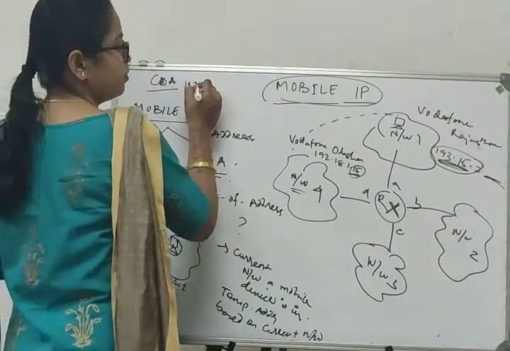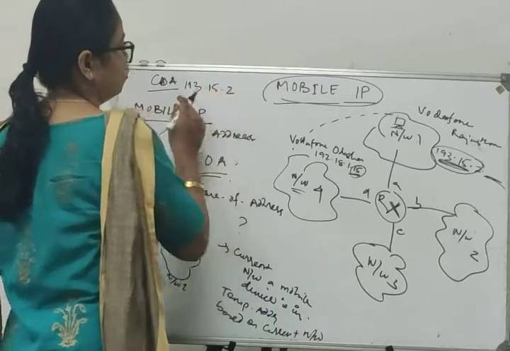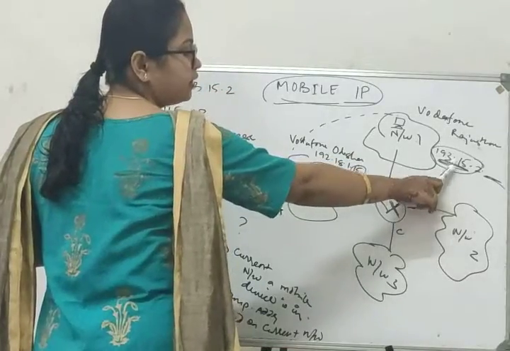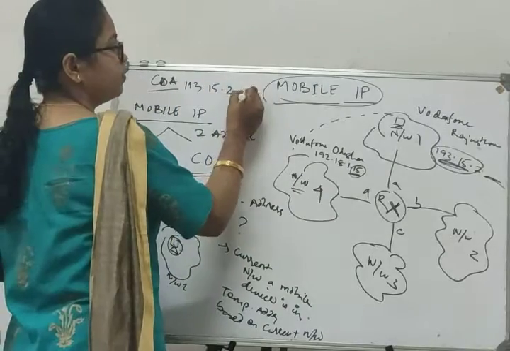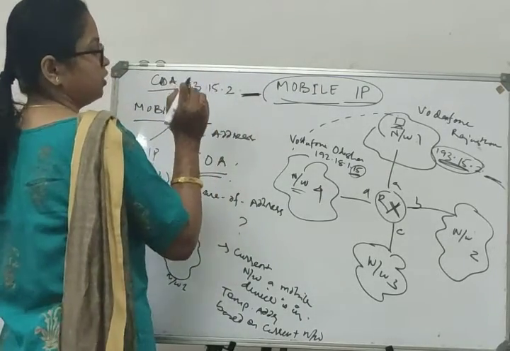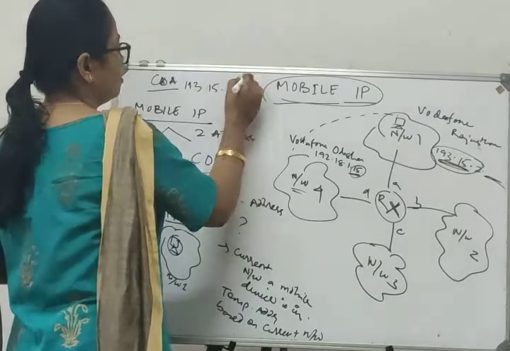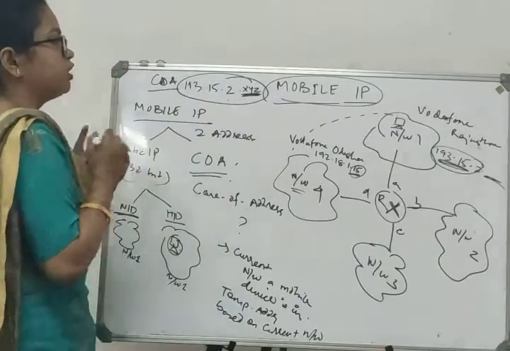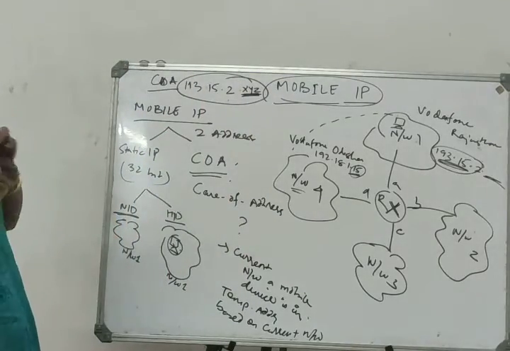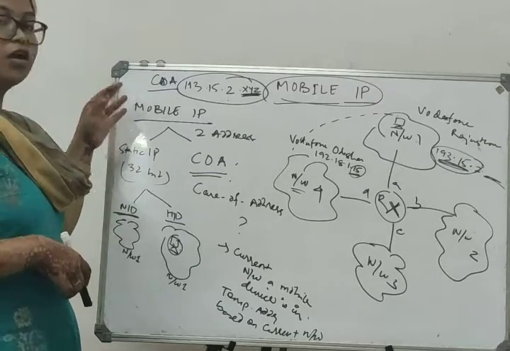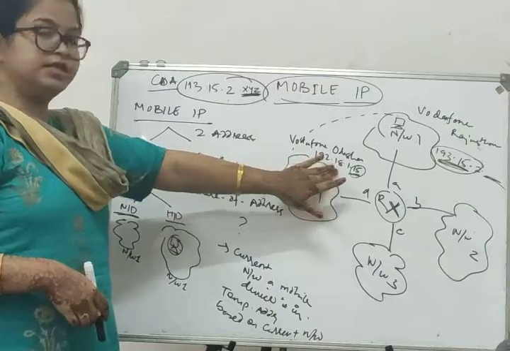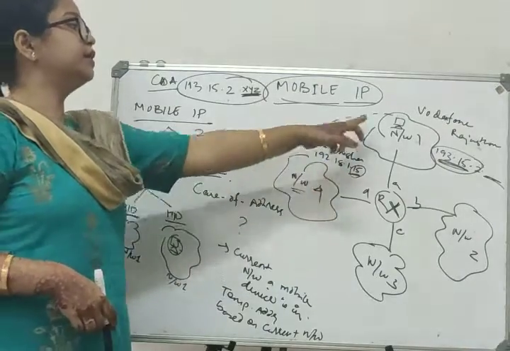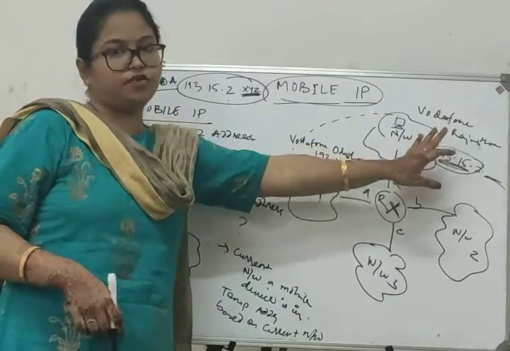The network address will be 193.15.2. So what is the current network? Current network is this. Based on this, it will be given some address. Host ID might be something, okay, XYZ. So this type of address is called care of address, which tells the routers that although it belongs to this network, it has now moved to this address.